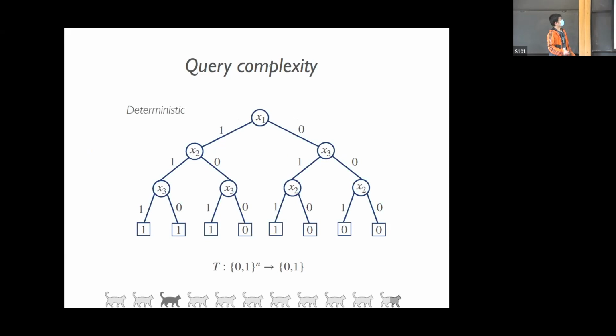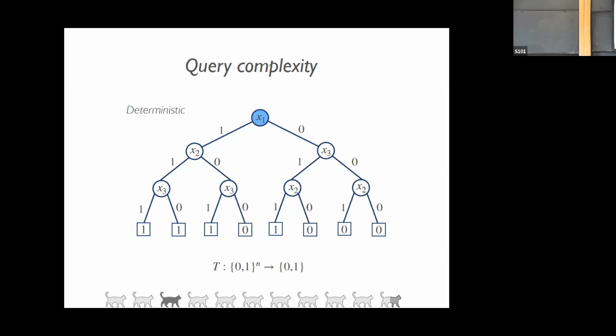Classically, a deterministic query algorithm is defined formally by a decision tree. For example, this picture describes an algorithm. In the beginning, it will query the first bit. Depending on whether it's a 1 or 0, it will either query the second bit or the third bit.